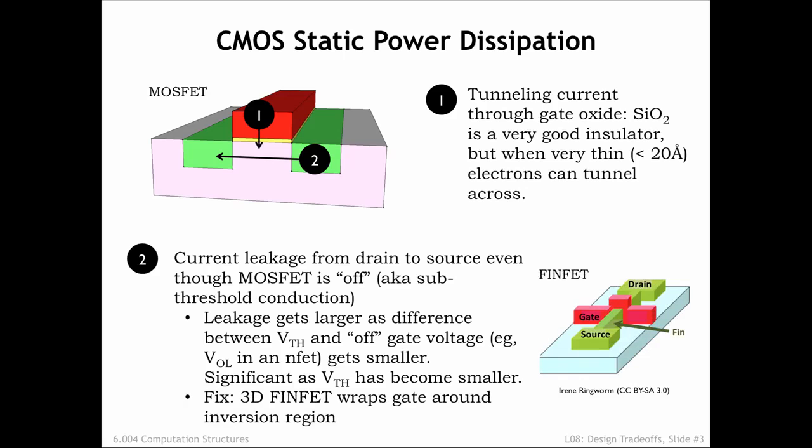One fix has been to change the geometry of the NFET so the conducting channel is a tall, narrow fin with the gate terminal wrapped around three sides, sometimes referred to as a tri-gate configuration. This has reduced the subthreshold conduction by an order of magnitude or more, solving this particular problem for now. Neither of these effects is under the control of the system designer, except, of course, if they're free to choose an older manufacturing process.